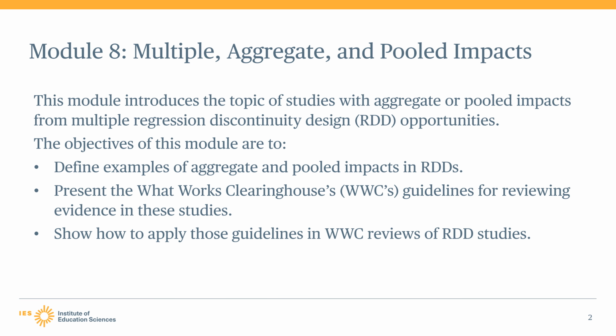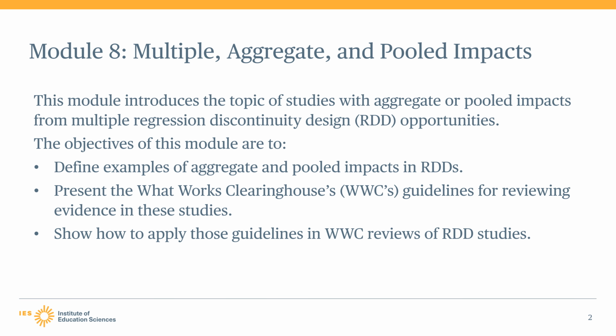So first, when assessing criterion A for studies reporting aggregate impacts, baseline equivalence can be established by applying the same aggregation approach for the baseline equivalence calculations as the same approach that was used for the aggregate impact estimation on outcomes.